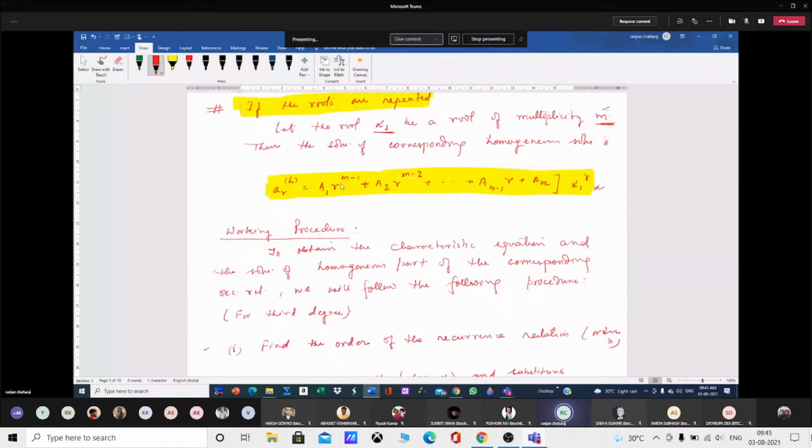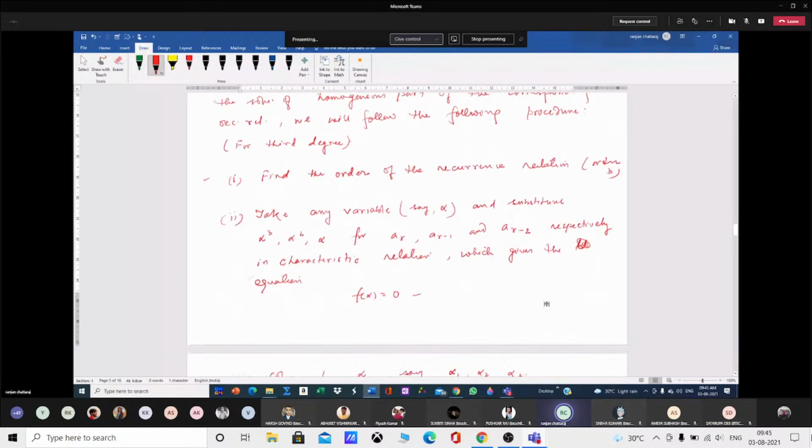M is 2 here. Alpha 1 is equal to alpha 2. That means alpha 1 repeats itself 2 times. The multiplicity is 2. So one is A1 r^(2-1), and second is A2 r^(2-2). So one constant term, and in another we have r to the power 1 only.